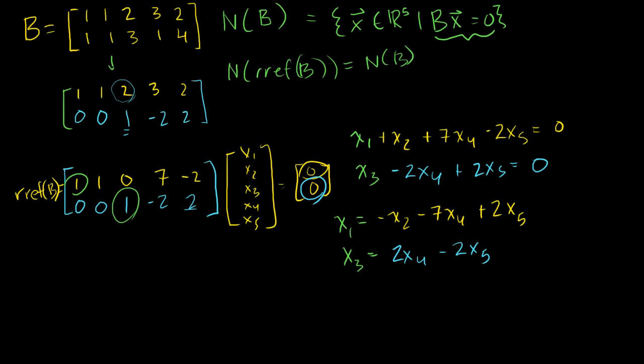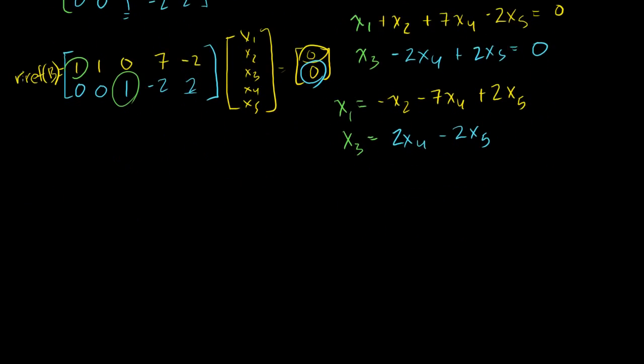And so if I wanted to write the solution set in vector form, I could write my null space, or all the possible x's, x1, x2, x3, x4, x5. This is my vector x that's in R5. It is equal to a linear combination of these. So let me write it out.